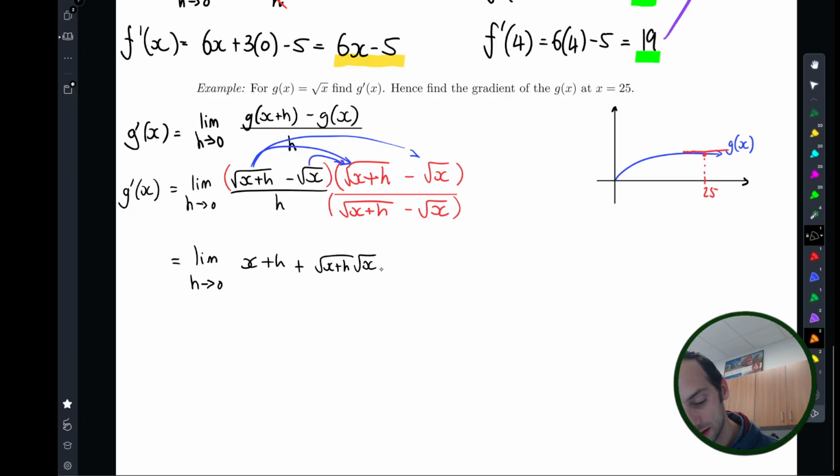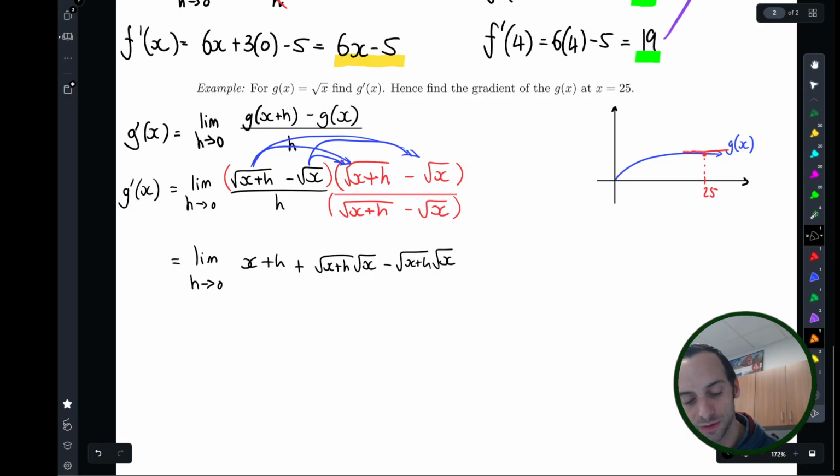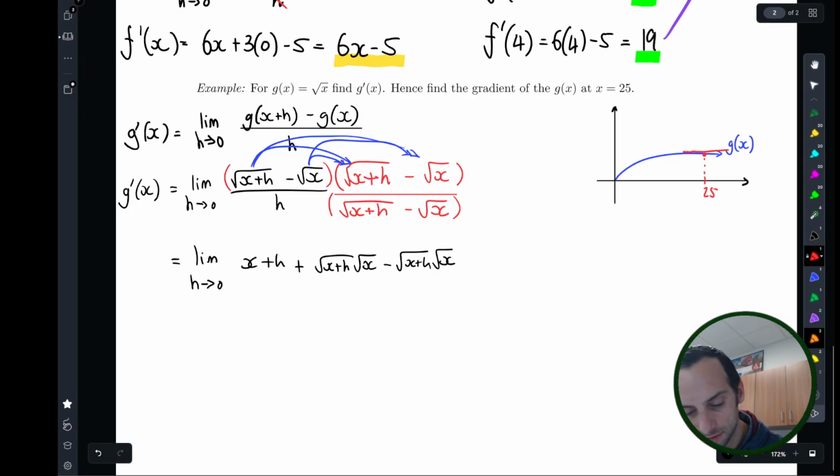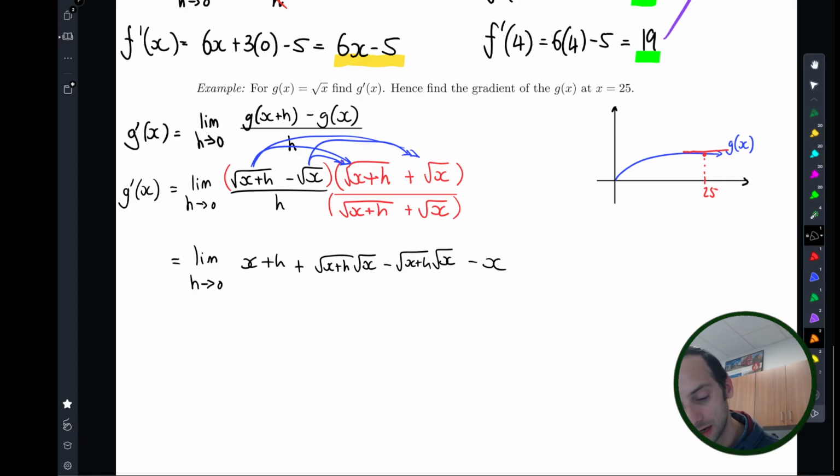Inner times inner, that would be minus the square root of x plus h times the square root of x. And finally, last times last, square root of x times square root of x would just be x. I should have had a positive here, shouldn't I? There we go. Didn't do my conjugate correctly. That will give us a final minus x at the end.